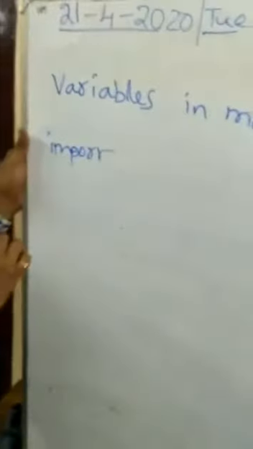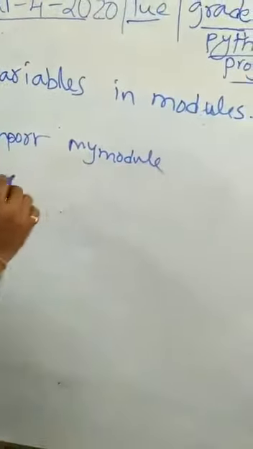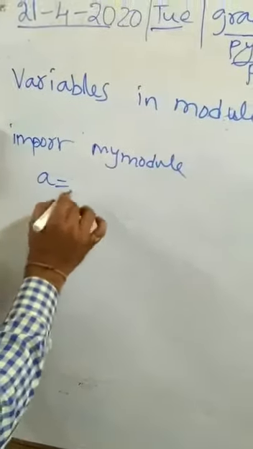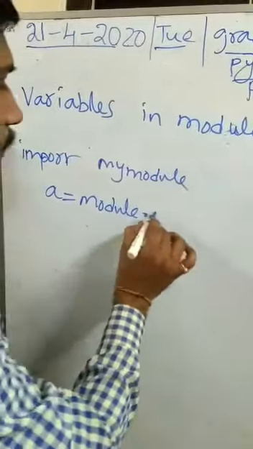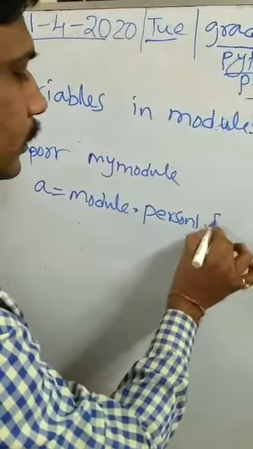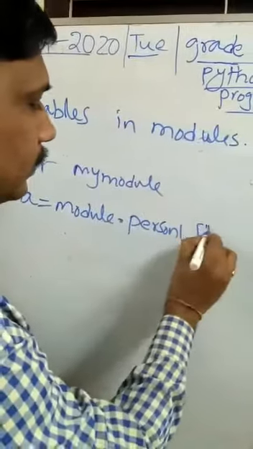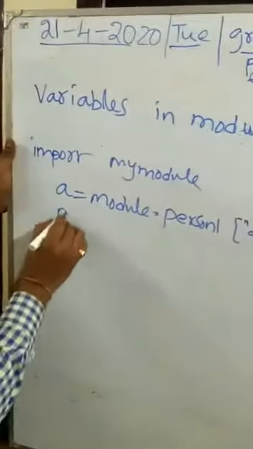So when you run this program, import my module, a is equal to module dot person1 of age, then print of a.